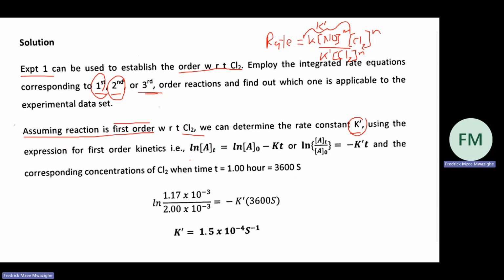When we assume it is first order, then the first order integrated rate law applies, which can be written as: natural log of A at T equals natural log of the concentration of A naught minus KT, which can also be written as natural log of AT over A naught equals minus K prime T.